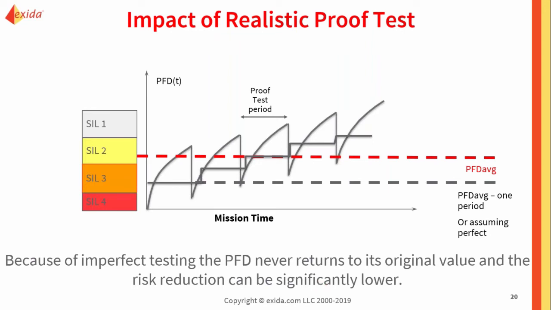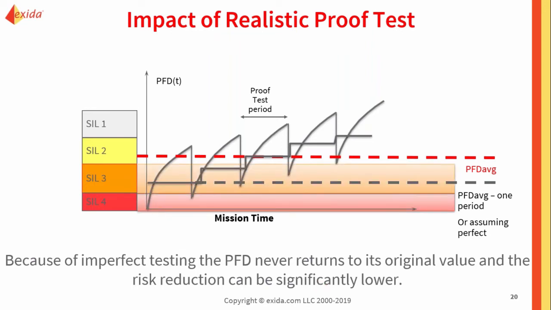What does that mean in real life? Well, as you can see, your first 2 proof tests, you're operating in a SIL 3 protection area. You're reducing that much risk. However, in proof test periods 3, 4, and so on, you're actually realistically operating only at a risk reduction of a SIL 2.